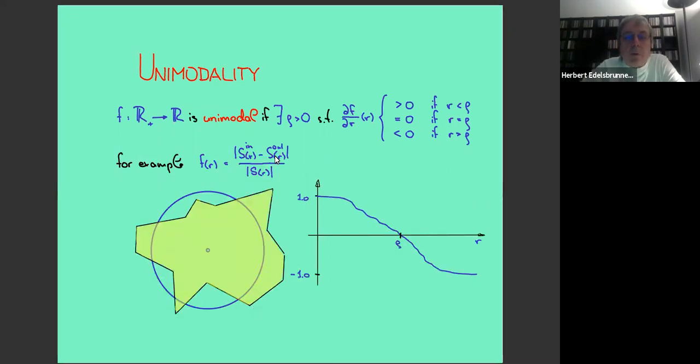For example, if you have a star-shaped region and a point in the kernel of that star-shaped region, this is akin to a kth Voronoi cell of this point in the middle. And then I grow a sphere, and I keep track of the volume of the sphere inside of this star-shaped region.